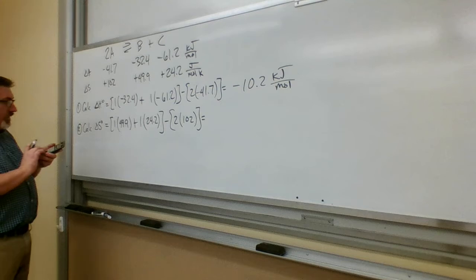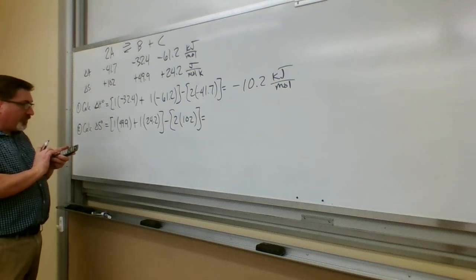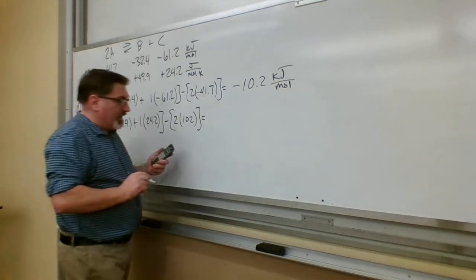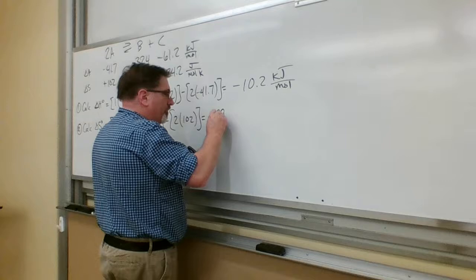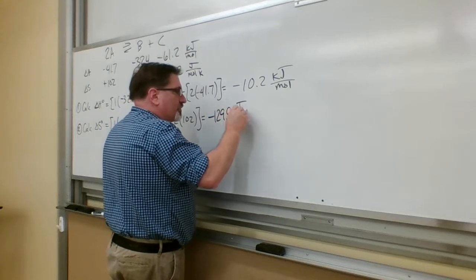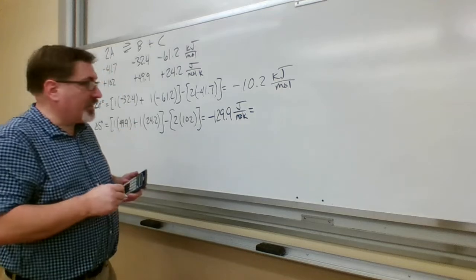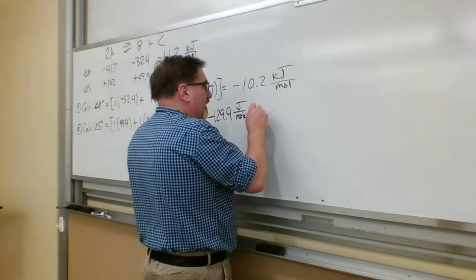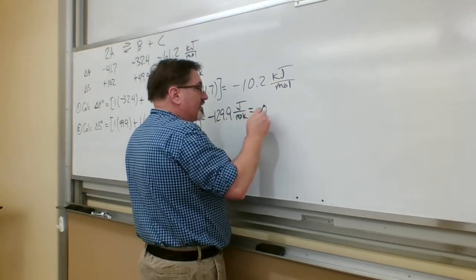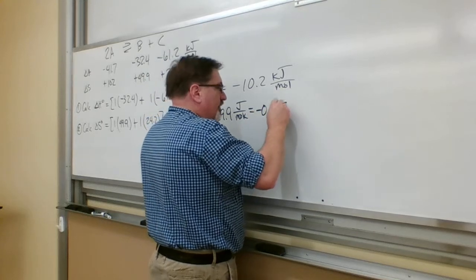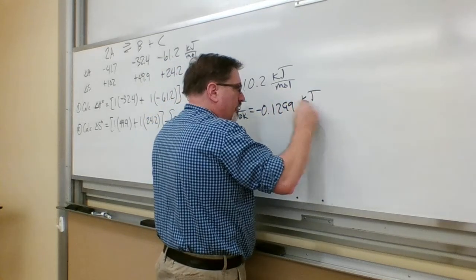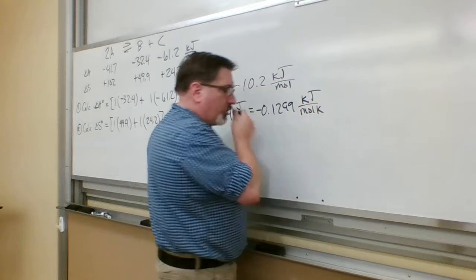So 49.9 plus 24.2 minus 2 times 102, minus 129.9. That's joules per mole Kelvin. And in case we need it, which we will here in a second because we're going to calculate delta G, that is minus 0.1299 kilojoules per mole Kelvin.